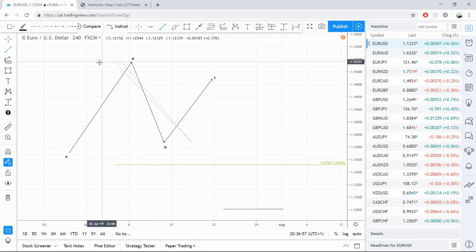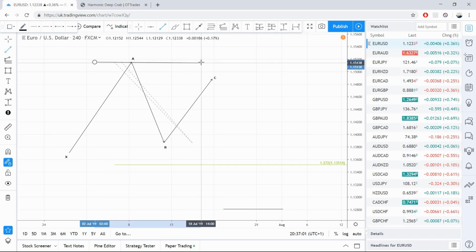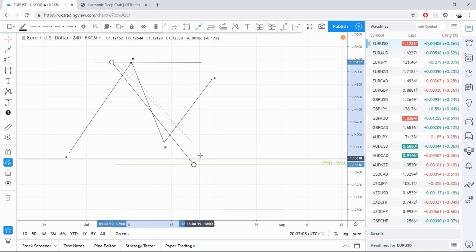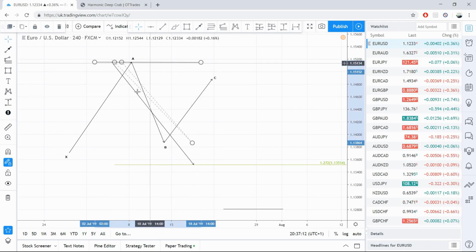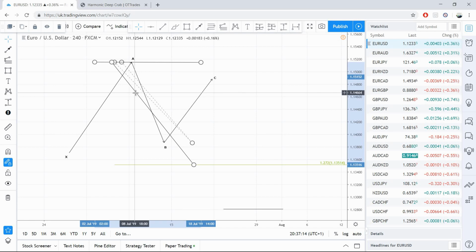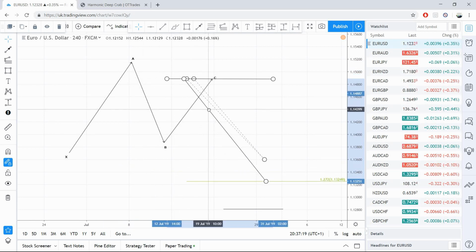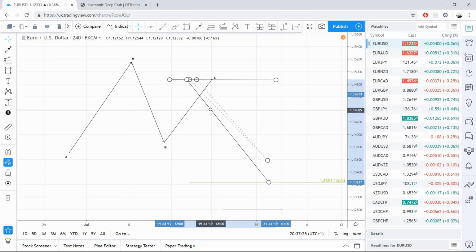Now all that says that 1272 AB equals CD, all that means is that this move down here, so from here to here, that whole move there, let me just highlight all of these, should be dragged and measured from the C point now. So that distance is dragged and measured down from the C point. So I hope that makes sense.